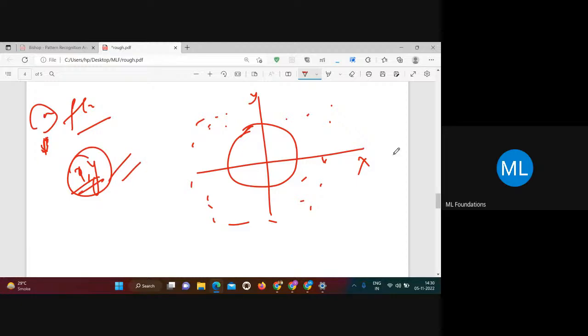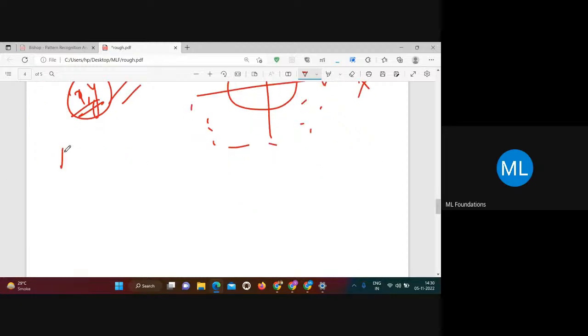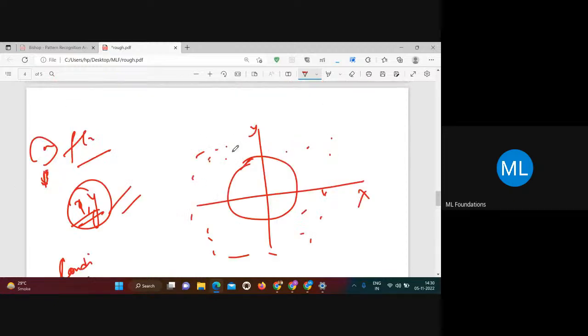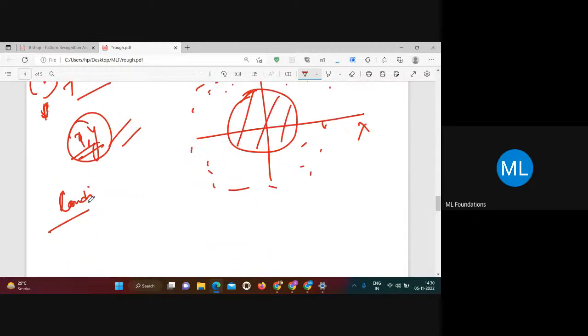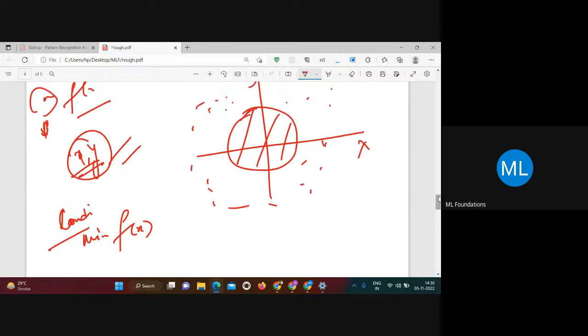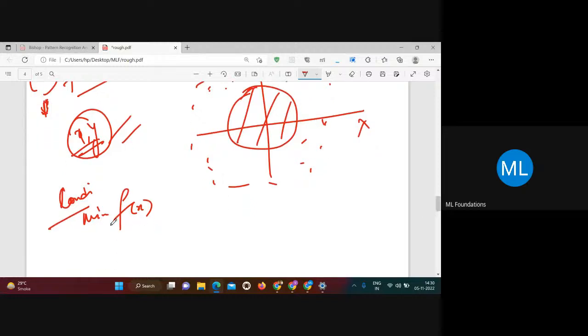You have some condition, and the condition is that all the values of x and y should lie apart from this circle. But you need to solve this problem with some function, and you need to minimize or maximize that function. This is a minimization problem, minimization of x or y or something like that.